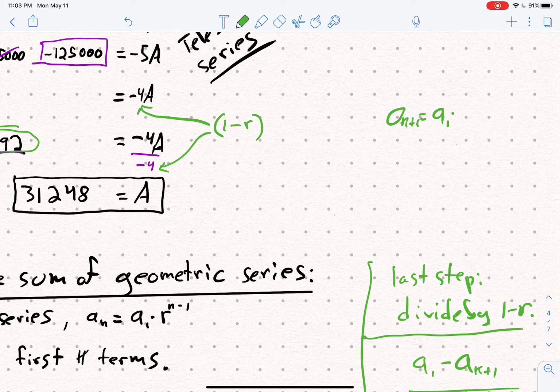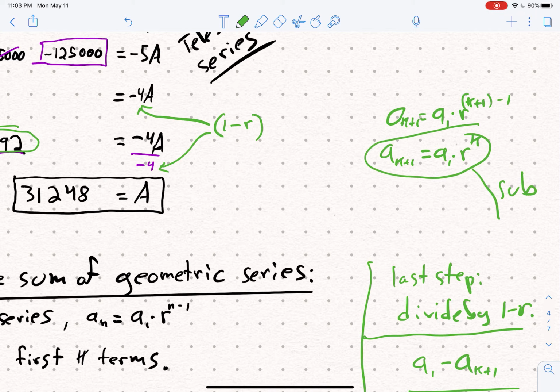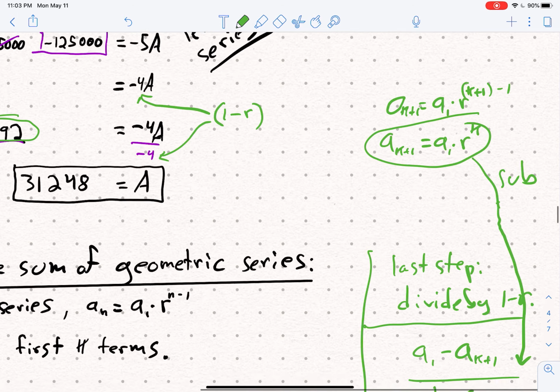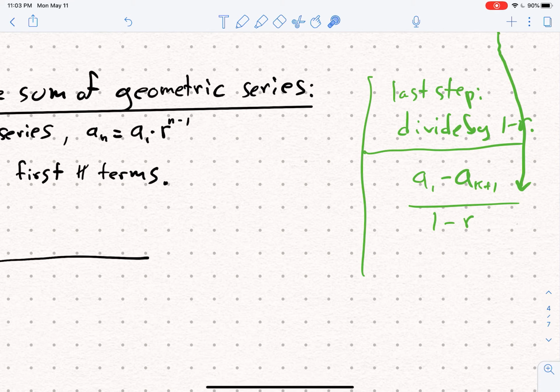It's equal to a1 times r to the power n minus 1. And here, the n that we're using is k plus 1. So it's k plus 1 minus 1. So this is a1 times r to the k plus 1 minus 1. The ones cancel out, and we just have r to the power k. That's our a(k+1). And I'm going to substitute that formula into the expression below.